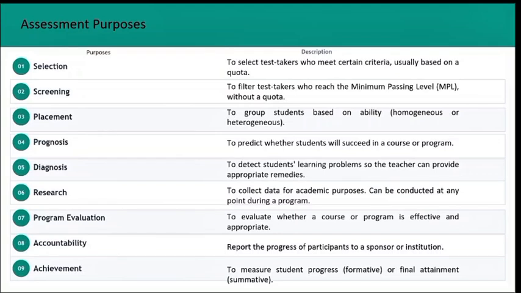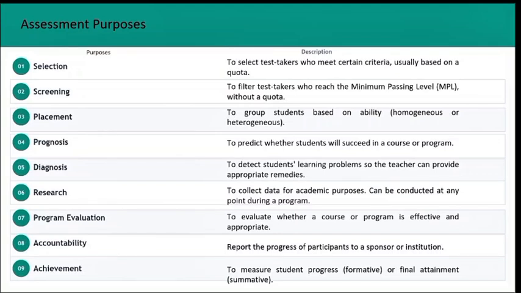A test is given, scores are ranked from highest to lowest, and only the top 100 are accepted. The key characteristic is that it's based on a quota. No matter how well someone scores, if they fall outside the quota, they don't make it.